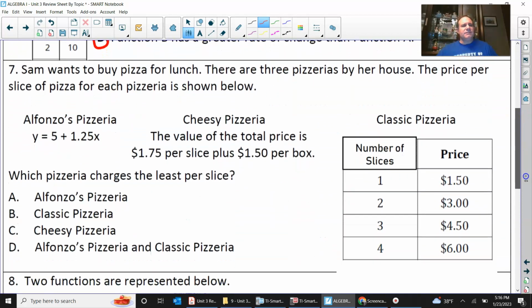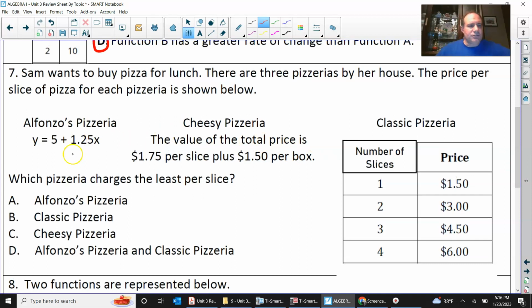3 pizzerias. Sam wants to buy pizza for lunch. So the slope, the rate of this slice is $1.25 at Alfonso's. Cheesy pizza is $1.75 per slice. And then Classic Pizzeria is selling one slice for $1.50. You don't even have to do anything to figure that out.